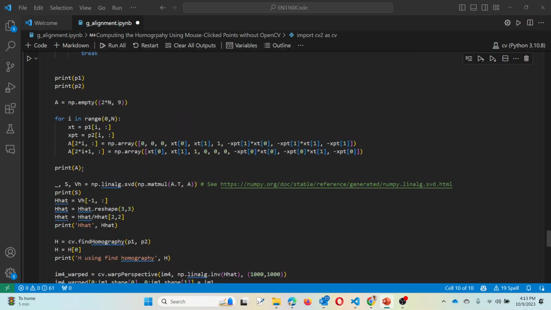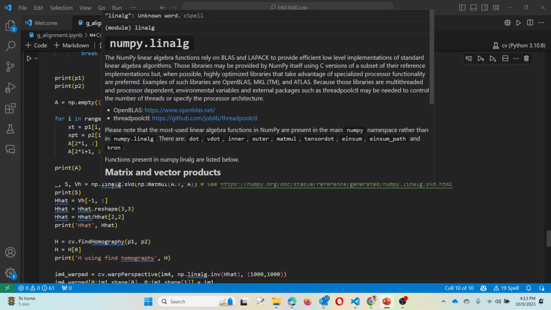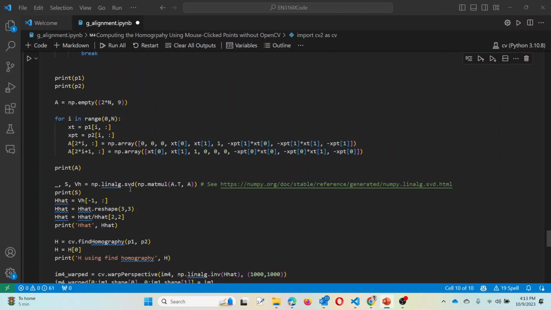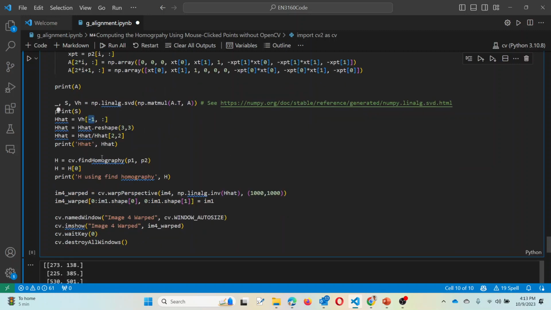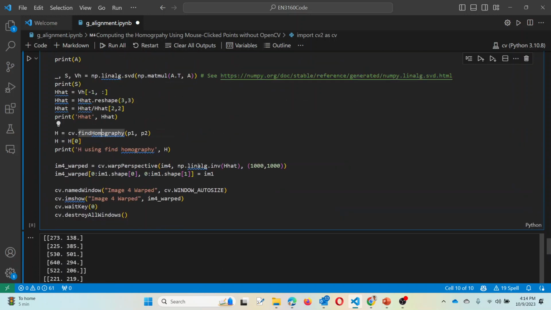Then after that, I print it, and then I use NumPy's SVD, and I have A transpose A, and when I compute VH, from VH I get the last row, which is the eigenvector corresponding to the smallest eigenvalue. And then I print what I computed over there, and then this homography that we can compute using the OpenCV function.